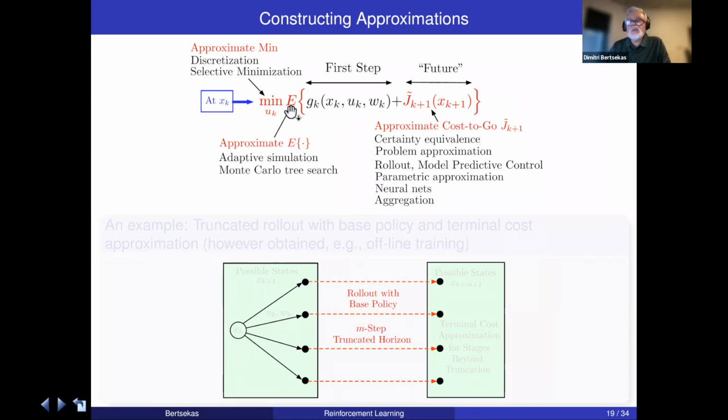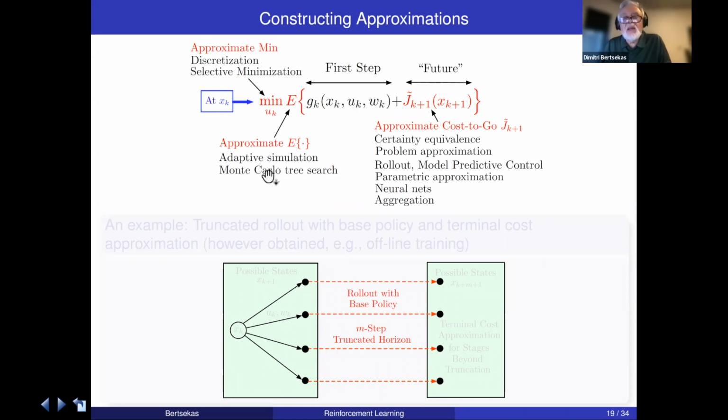How do we simplify the expected value calculation? Well, one possibility is, in situations where we cannot do this calculation analytically and have to use simulation, instead of doing full-blown Monte Carlo simulation, we can do selective simulation, whereby we simulate more accurately controls that are more promising than controls that don't seem very good on the basis of preliminary calculation.